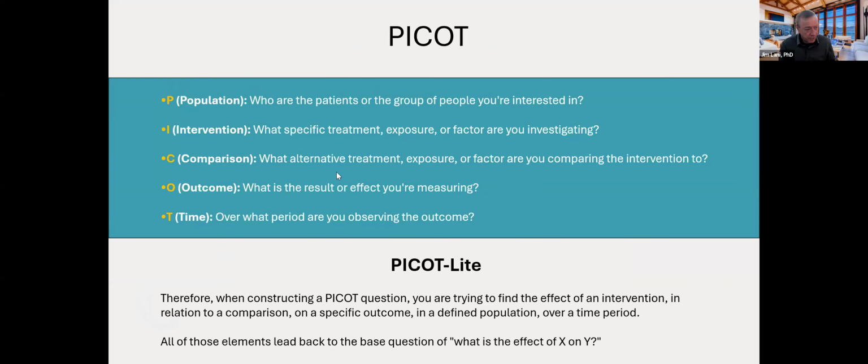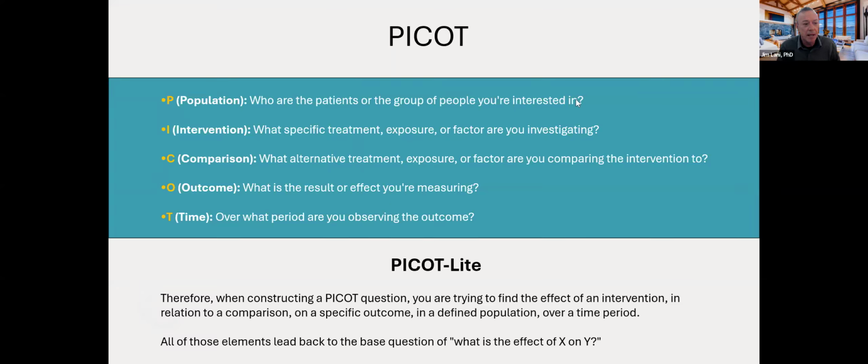PICO question. DNPs and PhD nurses often use a PICO question, and it's a very inclusive, comprehensive question which talks about the patients, who am I comparing, what's the time period, and so forth.